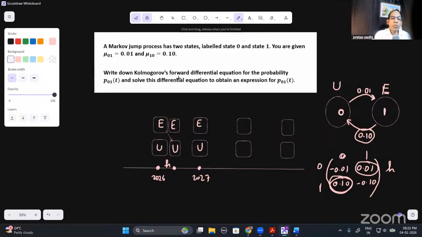Anyway, here also a similar thing. Write down the Kolmogorov forward differential equation for the probability P01(t) and solve this differential equation to obtain an expression for P01(t).